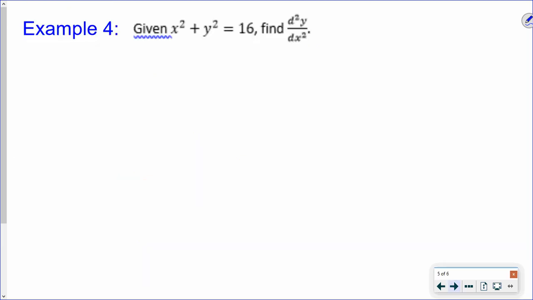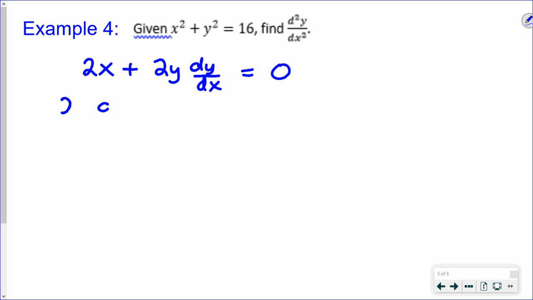Okay, now the last example I want to show you involves finding a second derivative implicitly. So obviously we're going to start by finding the first derivative. If our equation is x squared plus y squared equals 16, then the derivative would be 2x plus 2y times dy over dx equals 0. Before you find the second derivative, in this case, it is easier if you go ahead and solve for dy over dx.